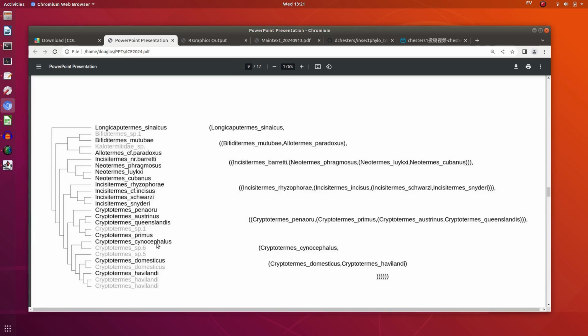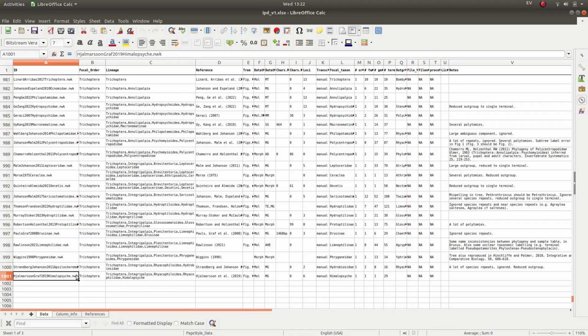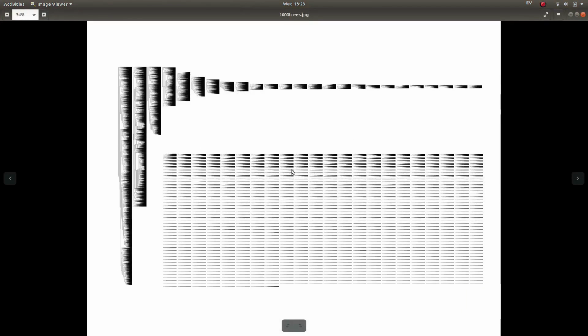Species repeats, species ambiguous congeners, higher taxon terminals, and so on. Each a single processed standardized machine readable tree from 1,000 studies, i.e. one tree per study, so also 1,000 studies. And here they all are.